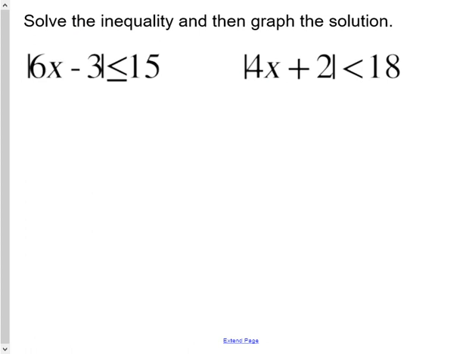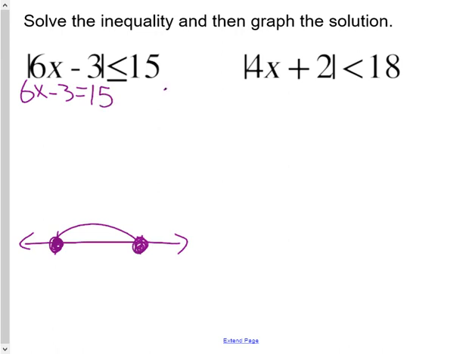One more set to do. 6x minus 3 is less than or equal to 15. Again, less than or equal to. I'm already going down to graph. Less than or equal to, pointing toward each other. And then solve for the points. 6x minus 3 is 15, and 6x minus 3 is negative 15.